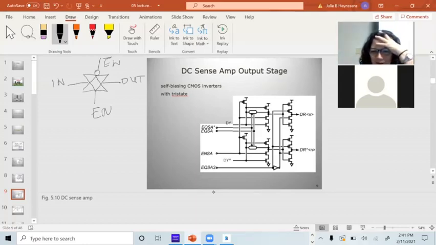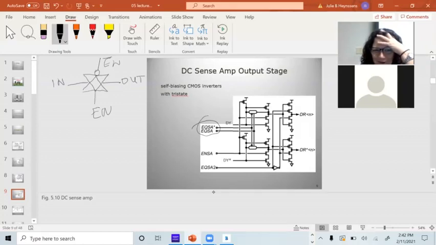So let's see what this one's doing. This is the driver. The driver is being enabled by EQ sense amp. This is what's enabling the drivers.